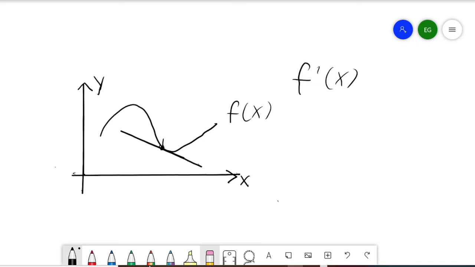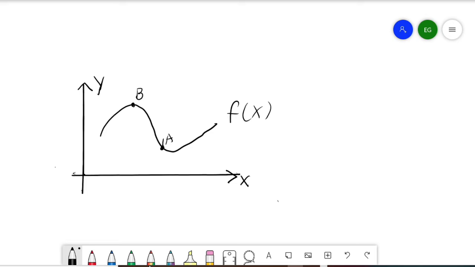So here is what we are going to do. We're going to use a very simple trick. We are going to take another point, not really related to our original one, that is also on the function. So we'll take this point, and we'll call this point A and this point B.